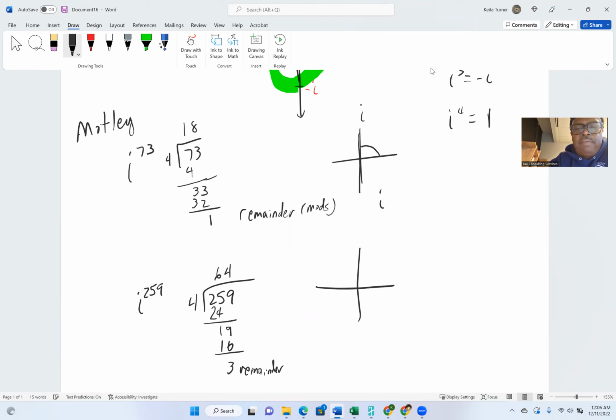We make our graph: 1, 2, 3, and that's negative I. So this answer is going to be, I'll put this in red, negative I, while this one is just I.